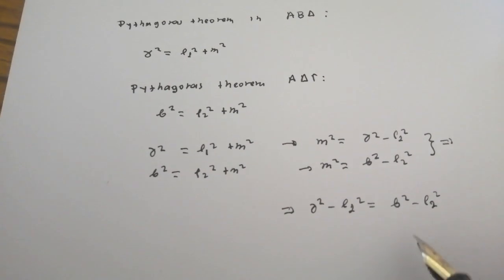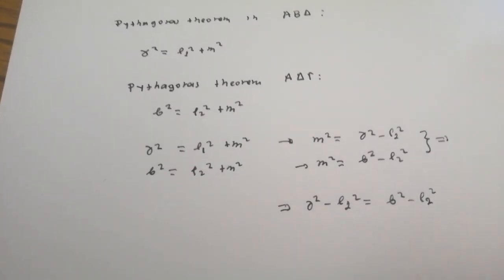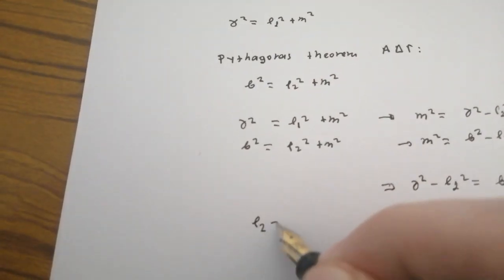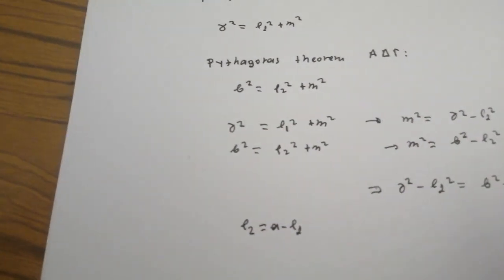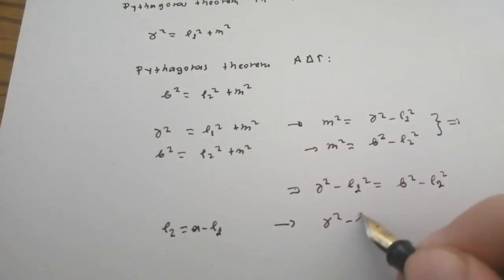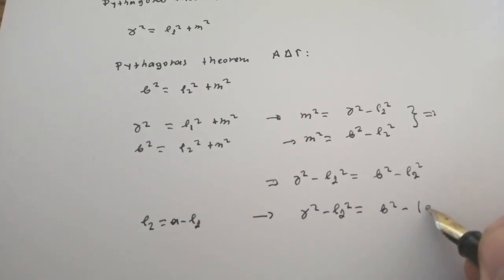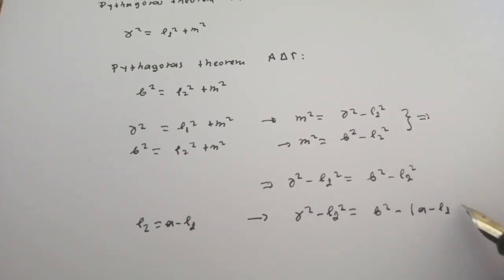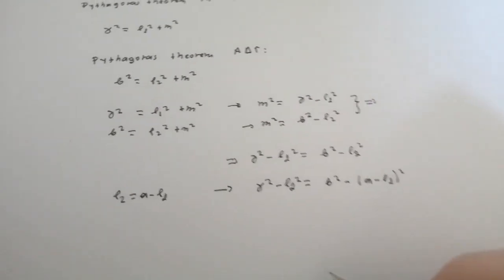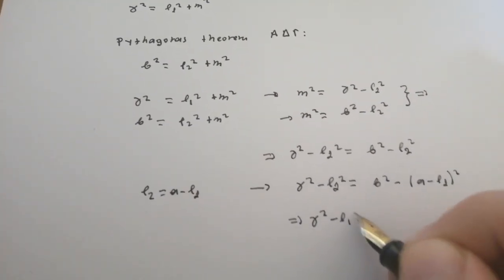We can use this relation to find the expressions for L1 and L2. L2 is alpha minus L1, and we substitute this. So we obtain that gamma squared minus L1 squared is equal to beta squared minus (alpha minus L1) squared.